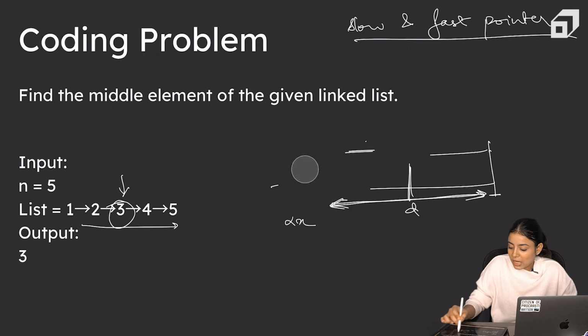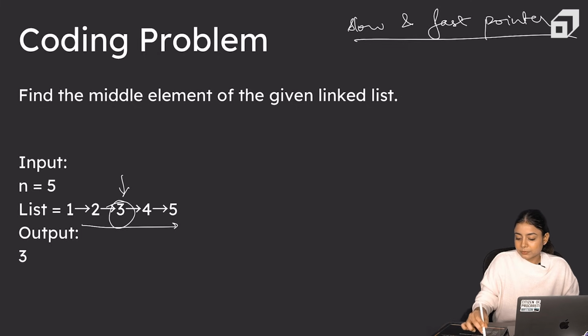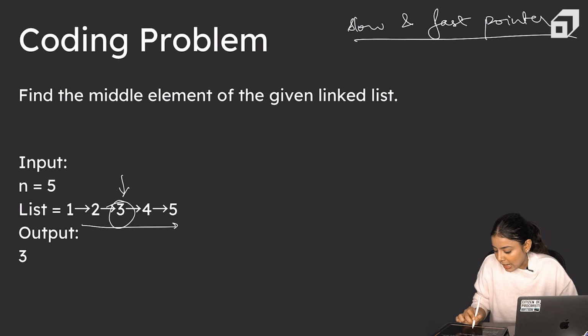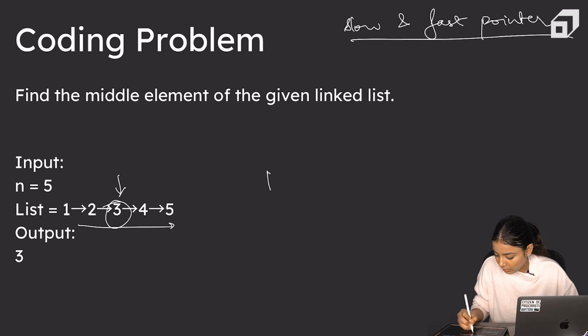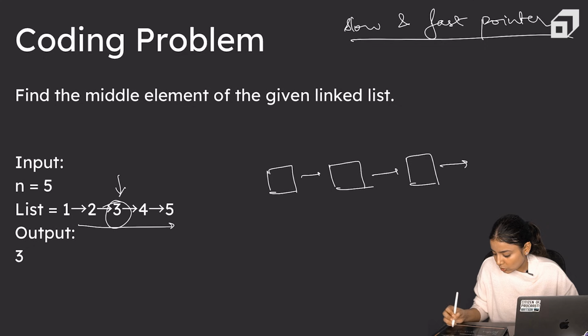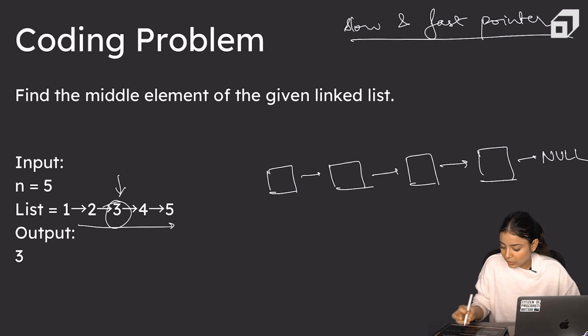So now how to imagine this in a linked list? Of course, there are no persons running in a linked list and there's no speed, but we'll be talking about pointers here. So try to imagine we have a list here, and this is our head.